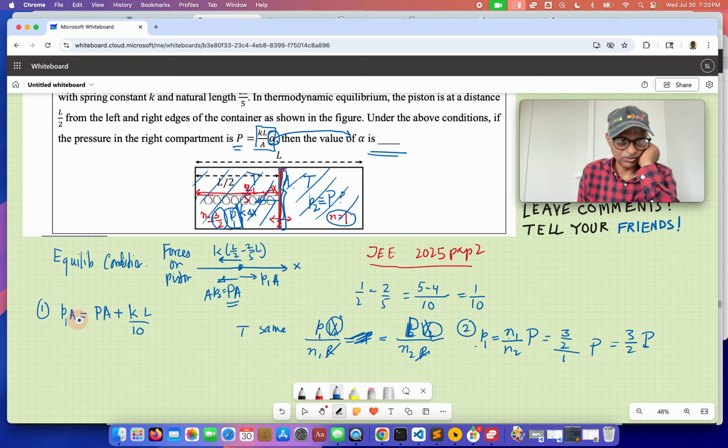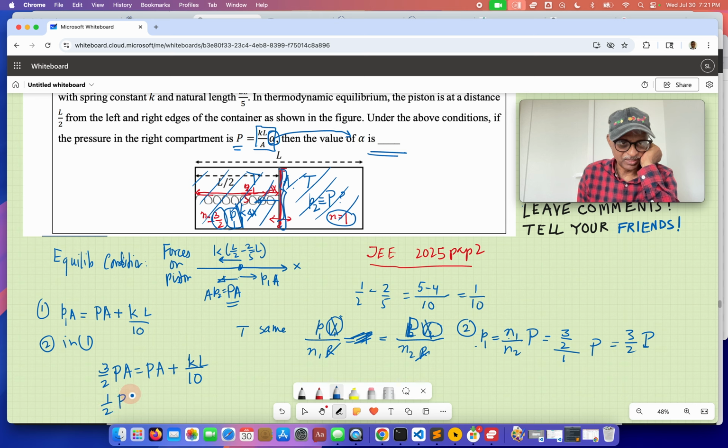So I put this over here. Putting 2 in 1 gives 3/2 PA equals PA plus KL over 10.